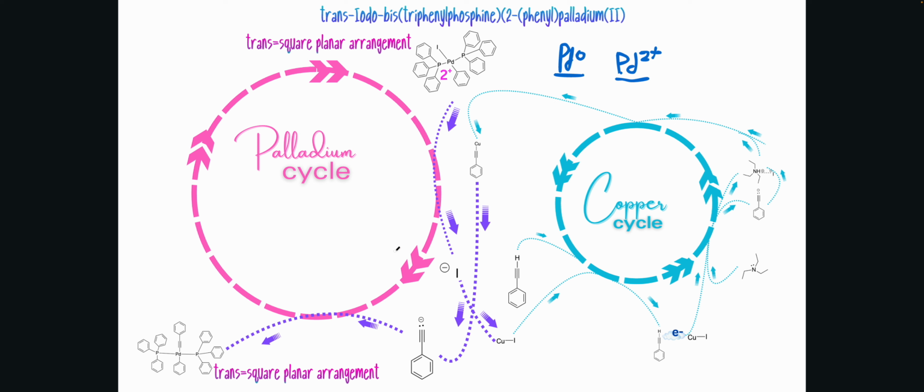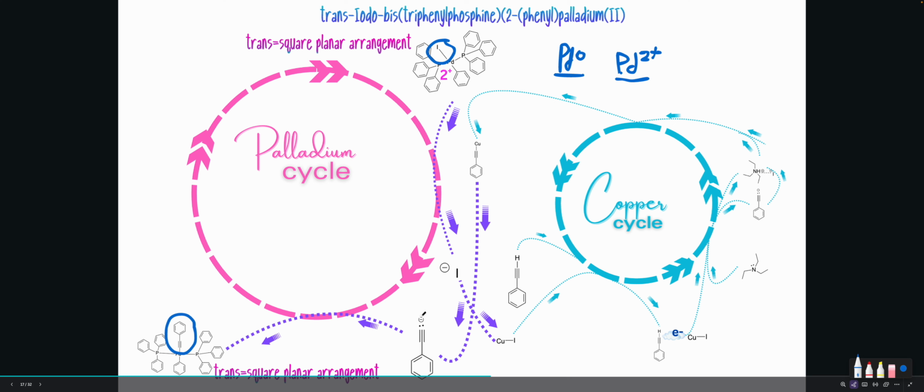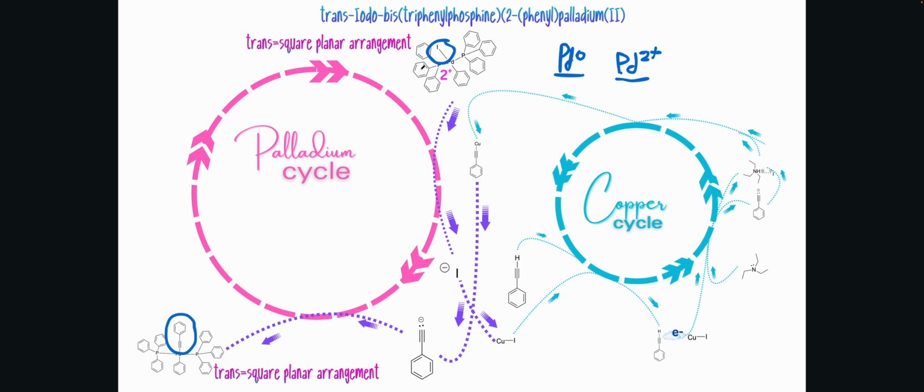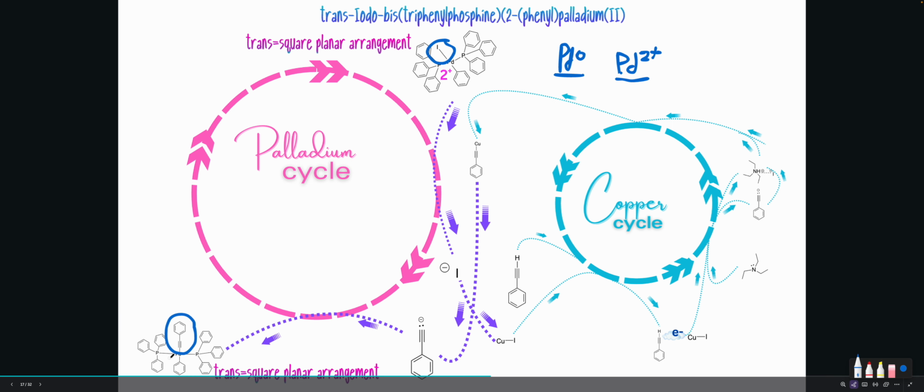And here you can see the ligand exchange. There used to be an iodide there, right? Now there is this ligand. In other words, this added itself to the remainder of this. And it made a trans molecule. Look at the phosphine groups.